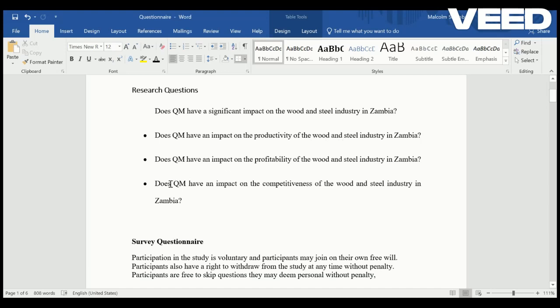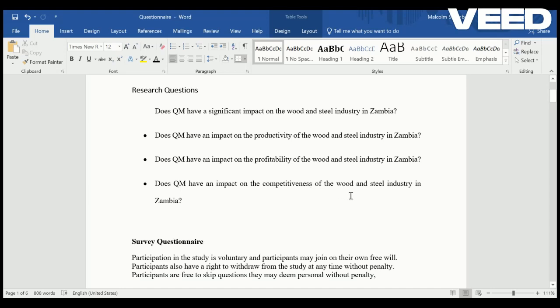Question 1. Question 2, does quality management have an impact on profitability of the wood and steel industry in Zambia? Then the last question, does quality management have an impact on the competitiveness of the wood and steel industry in Zambia?